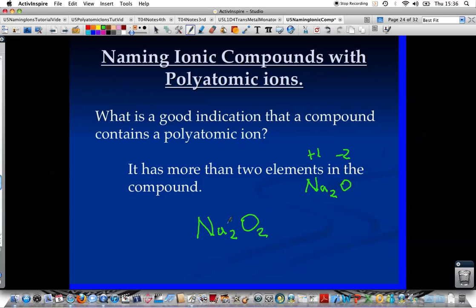The only time you're going to see peroxide is in things like this and something in group 1 like Na2O2, H2O2, hydrogen peroxide, or K2O2, potassium peroxide. Those are pretty much the most common peroxides that you might see.